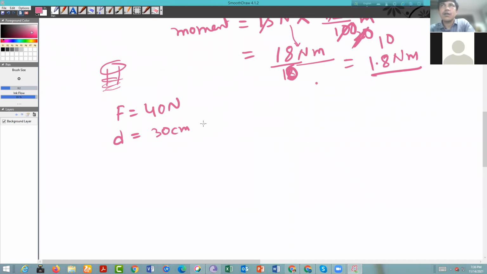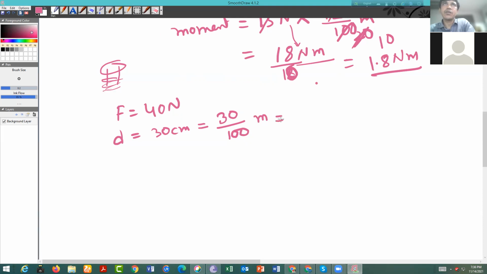First, convert the 30 centimeter to meter. That means 30 divided by how many centimeters in 1 meter? 100, right? Yes. That means 0 cancel, 0 cancel. This will be 0.30.